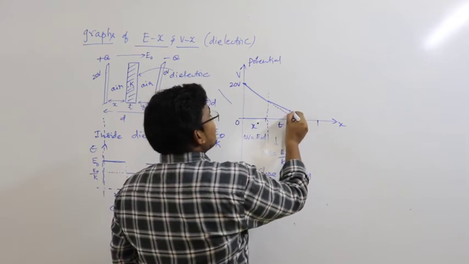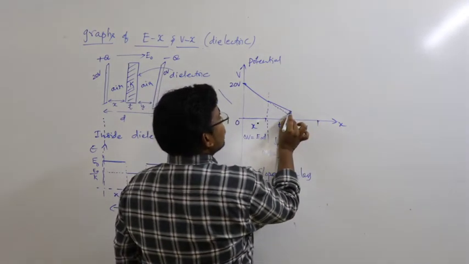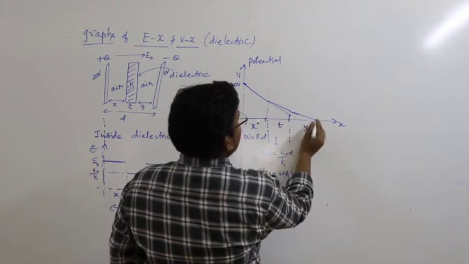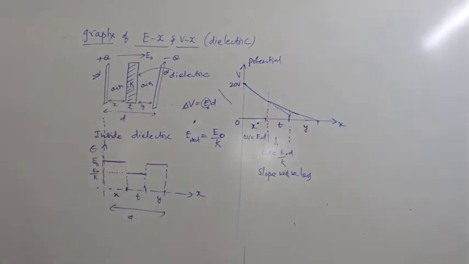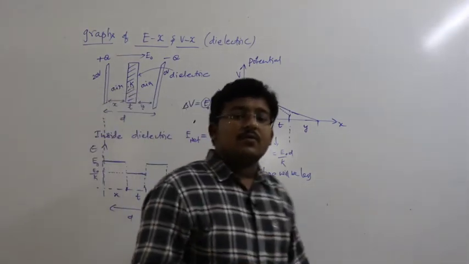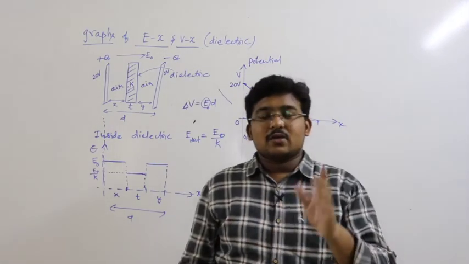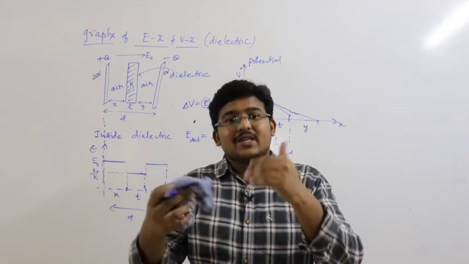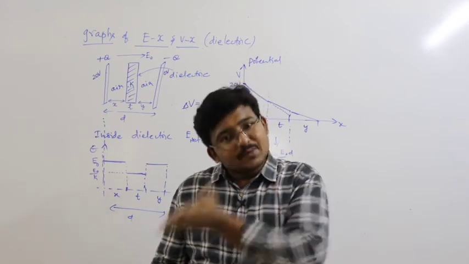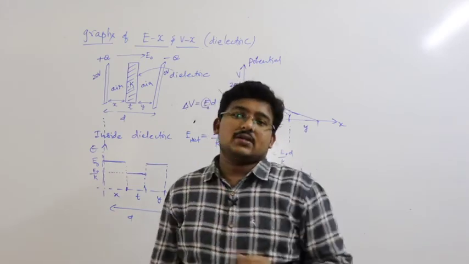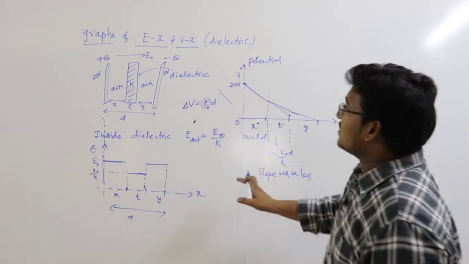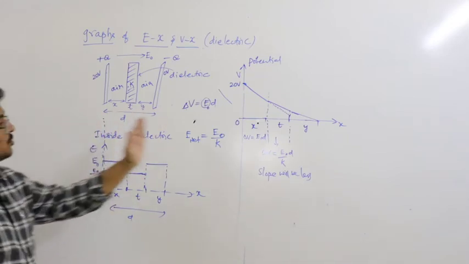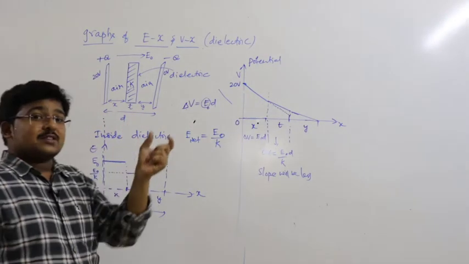Now it can again change to 0, because the final voltage we are taking is 0. Here, what is the simple thing you need to observe? Potential will drop in the direction of the electric field. If it is air, it decreases very fast. If any dielectric medium is kept, not that fast, it decreases slowly, but it decreases. Okay? So this is the variation of the electric field and potential with respect to distance when some dielectrics are kept.